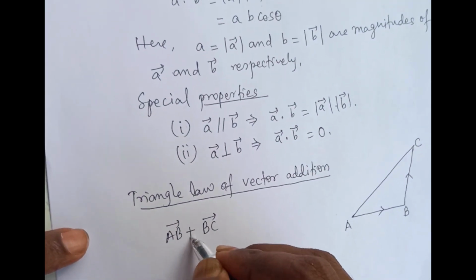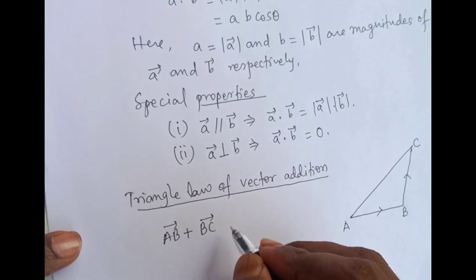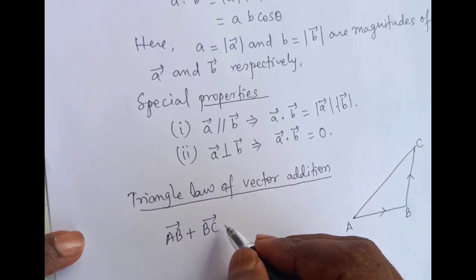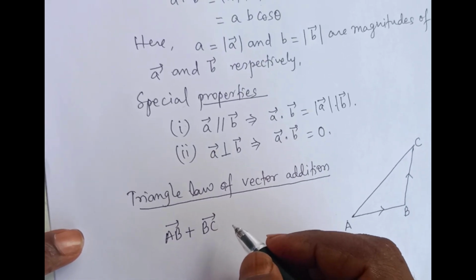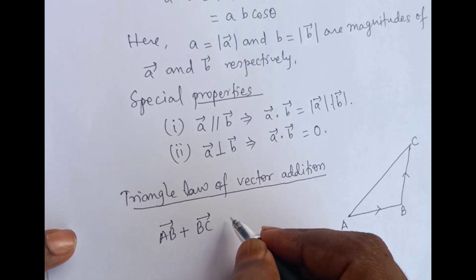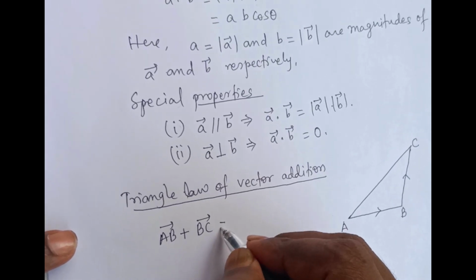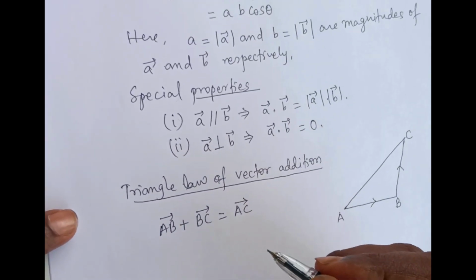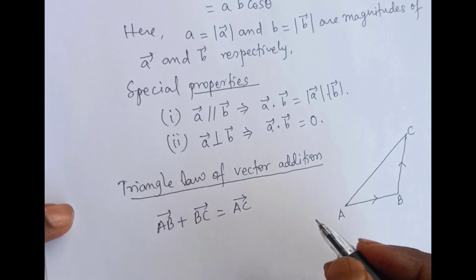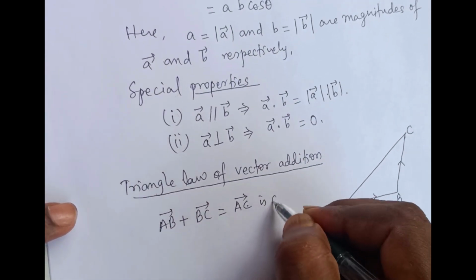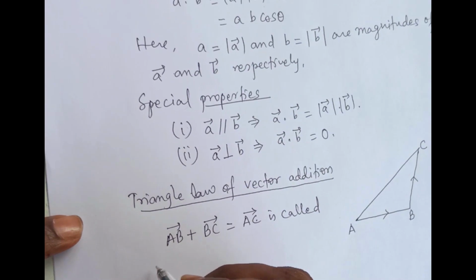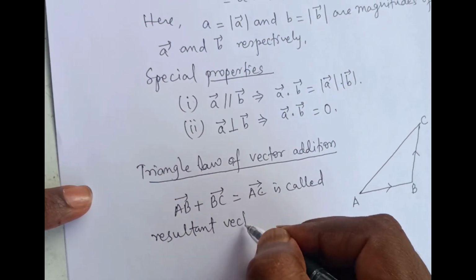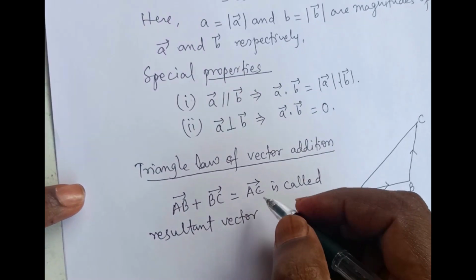Now if we add these two vectors, it means that it displaces from point a to c, which is written as vector ac, and this one is called the resultant vector.